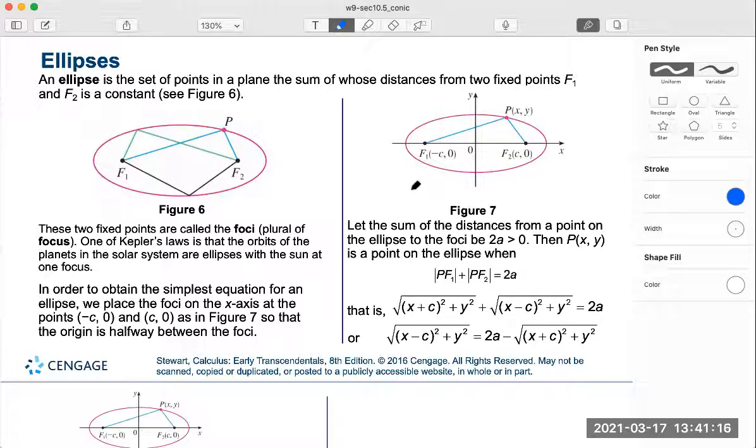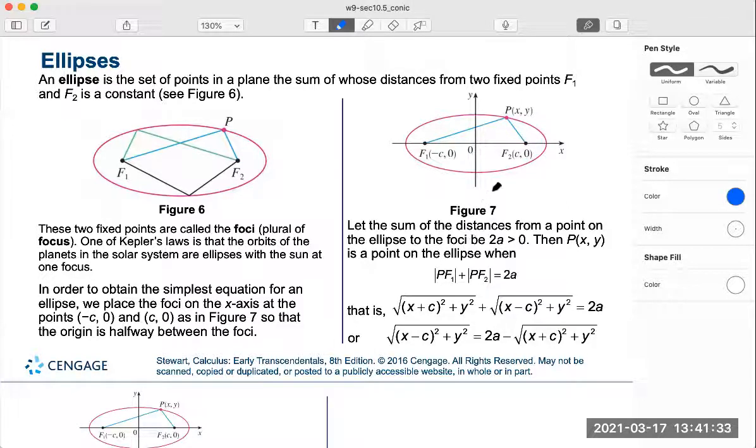In 2D, the distance formula from P to F1 will be the square root of x minus negative c, if we call these coordinates (negative c, 0) and (c, 0), right?